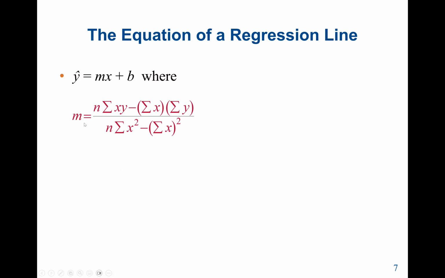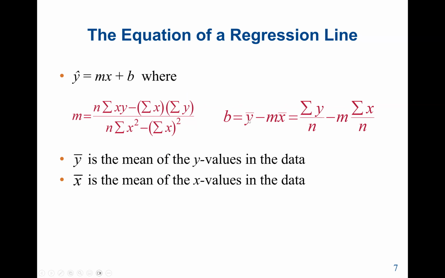So this is the formula to find the slope. N is the sample size. So m equals N times the sum of XY, minus the sum of X times the sum of Y, divided by N times the sum of X squared, minus the sum of X, all squared. When we know the m value, we can find b, the y-intercept. b equals the Y average minus m times the X average.